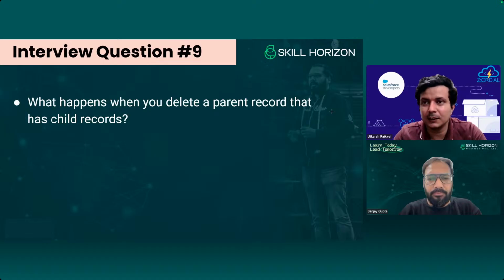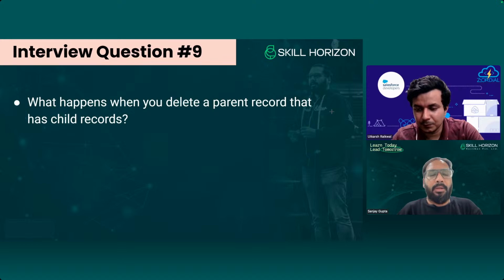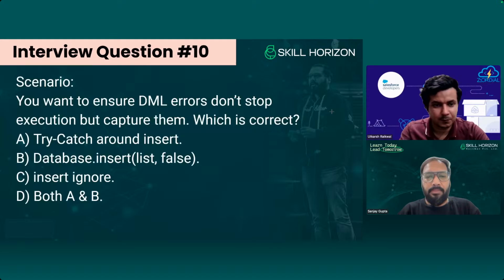And if restricted delete is not enabled, then the parent record will be deleted and the child record stays with the empty lookup value. Okay, I think this was a simple one, and I hope everybody understood. This is correct, so we can move on to the next question now.